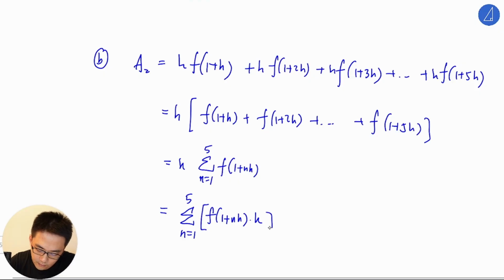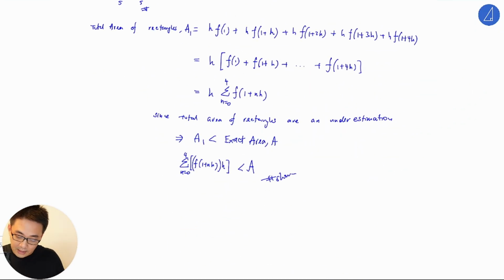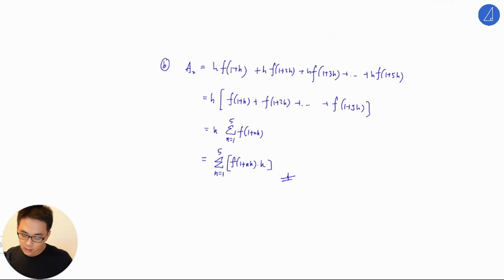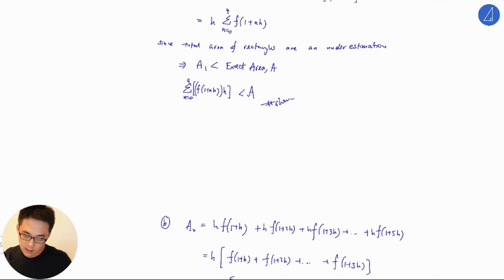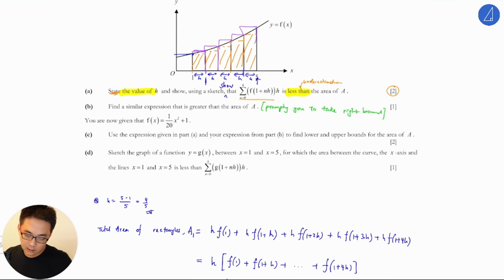Similar form. So A2, this is overestimation. You can skip steps. This is only B1 mark, so you don't really need to write a long story like me. Yeah, 1 to 5.